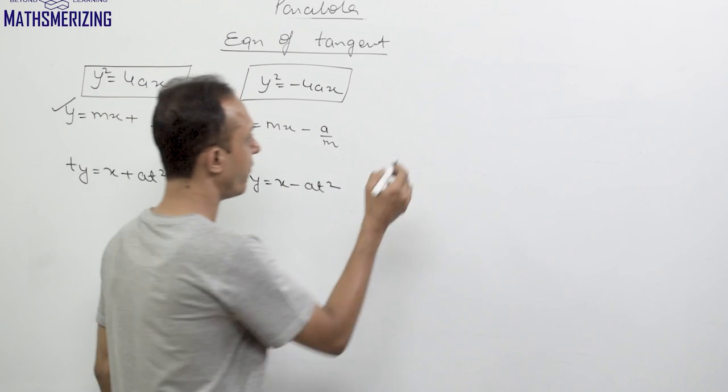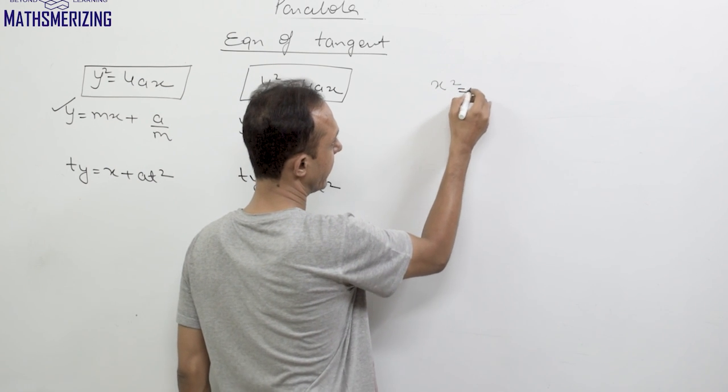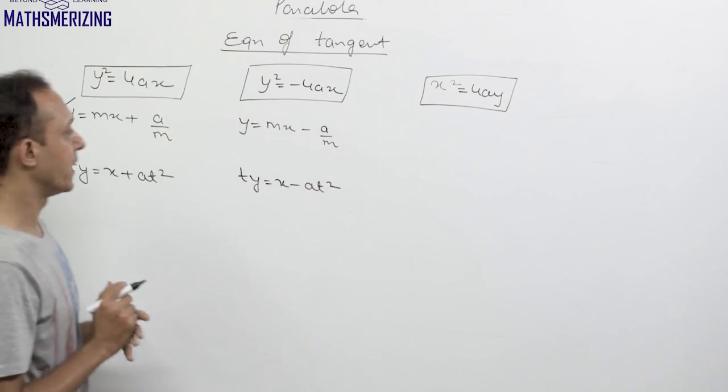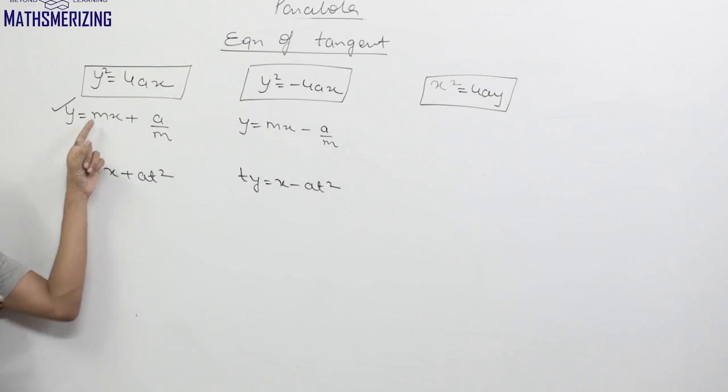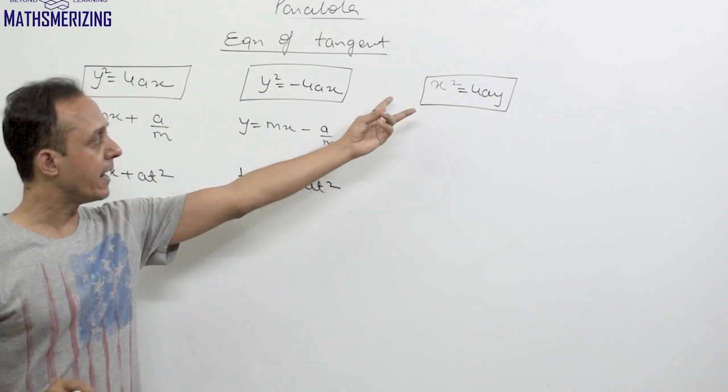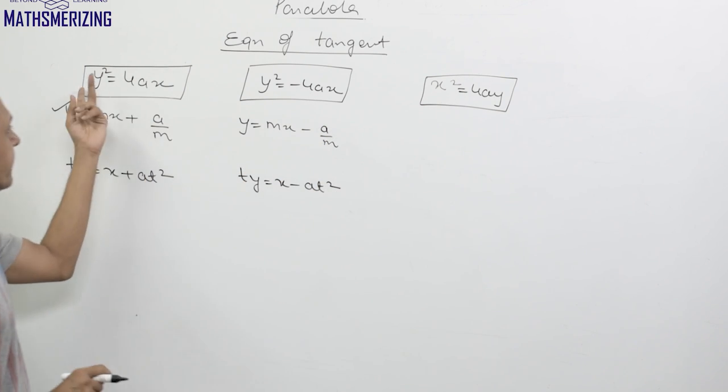Now what about this third form? For this third form, which is x square equals 4ay, we need to write equation of tangent in terms of its slope. Now we know that the difference between first and third equation is that if I interchange x and y, I'll get the first equation.